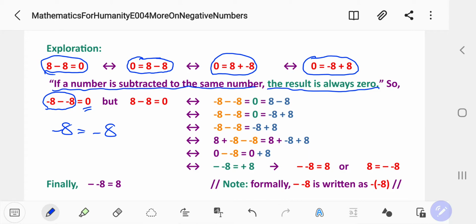Negative 8 is equal to negative 8. So if you subtract negative 8 from negative 8, it will also give you 0. But earlier we had 8 minus 8 equal to 0.